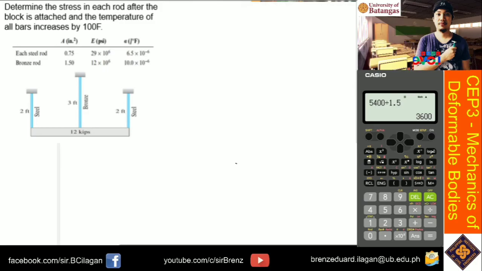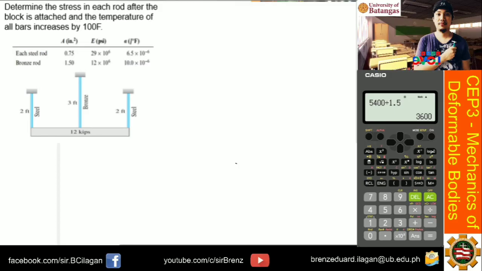Okay guys, so for case number 2, ang gagawin naman natin dito, ano yung temperature na kailangan natin para yung steel mo lang ang magdadala ng 12 kips. Ayan, medyo maganda na to.